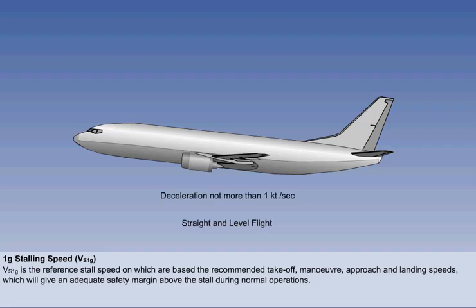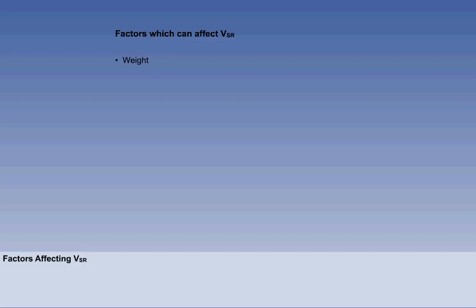These are calculated as proportions of VSR: 1.05, 1.1, 1.2, 1.3 VSR, etc. There are several factors that can affect the value of VSR.